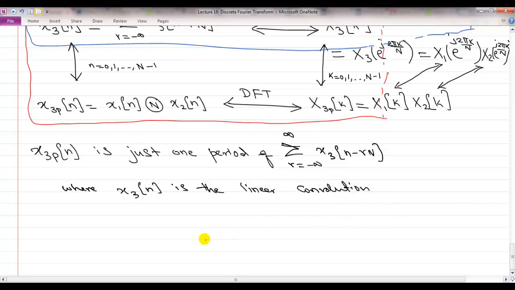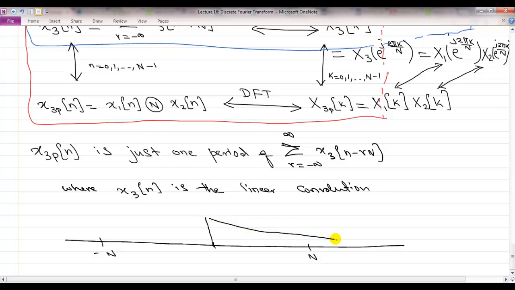Effectively, if your linear convolution, let's say this is 0, this is n, this is minus n. Let's say your linear convolution ends up being, and I'm not going to draw a stem plot because that will take me a longer time, let's say that my linear convolution is this plot.